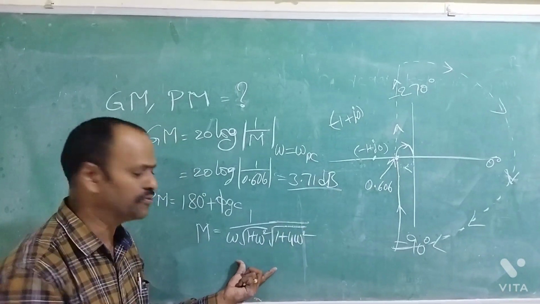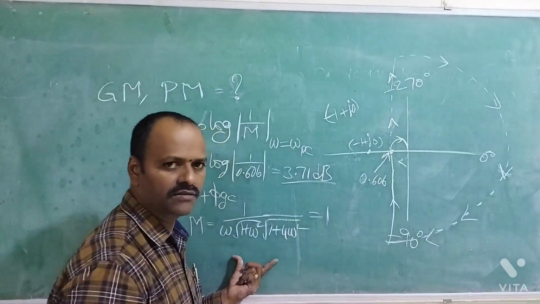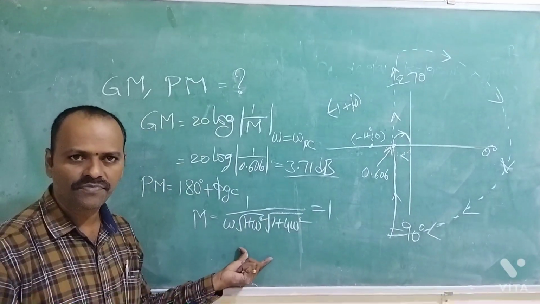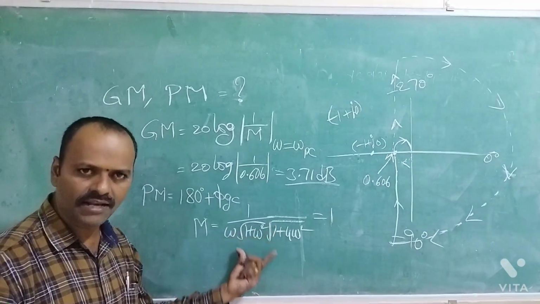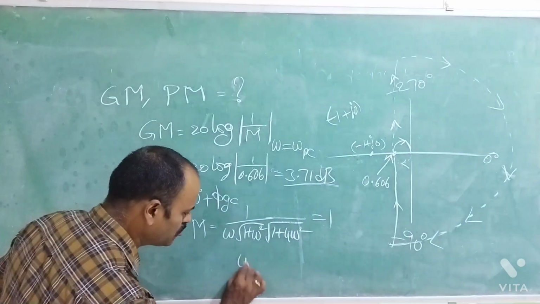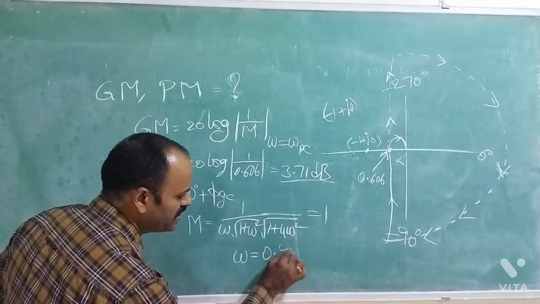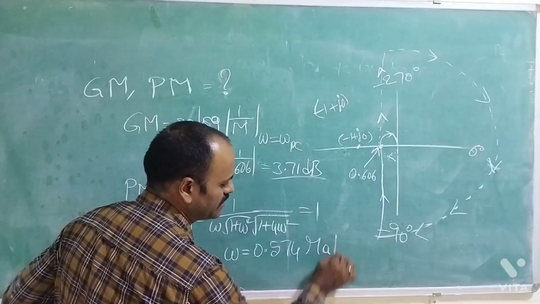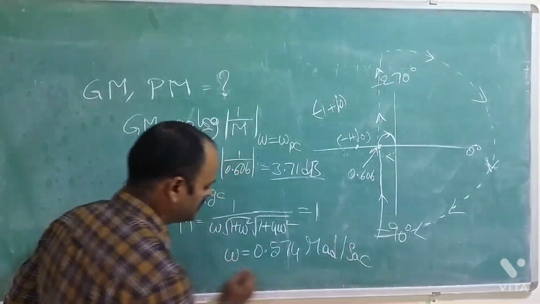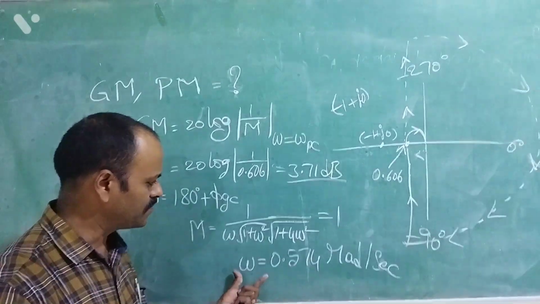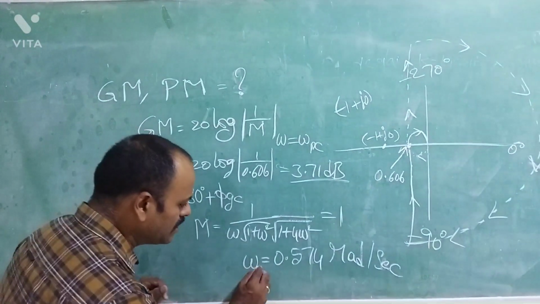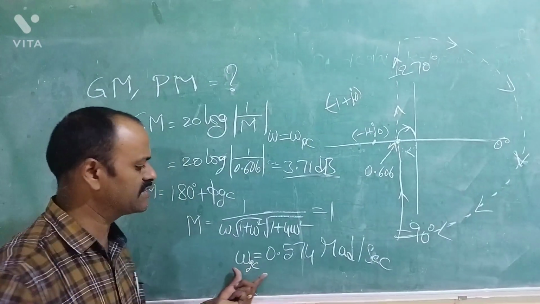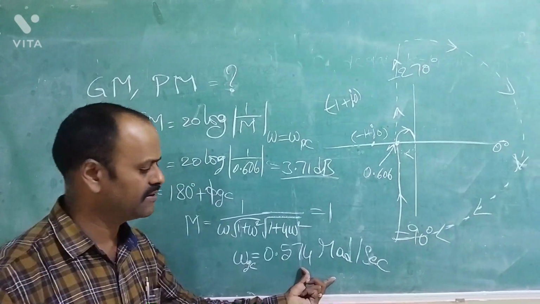This is the magnitude; equate it to 1 and solve for the omega value. If you solve this on a trial and error basis, we may get omega equal to 0.574 radians per second. Okay, so this is the omega GC, that means the gain crossover frequency.